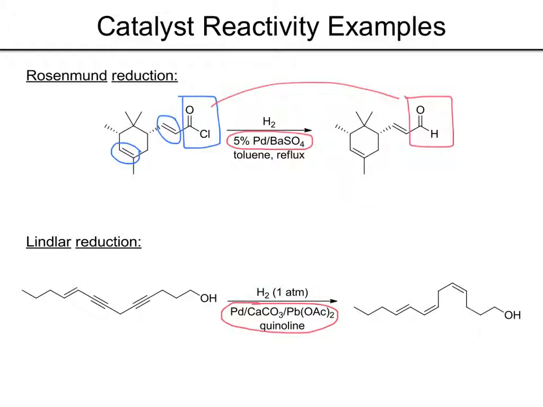In conjunction with hydrogen gas, it reduces alkynes to the cis alkenes. However, notice that it doesn't reduce the alkenes any further. It also doesn't touch this trans alkene that we already had.